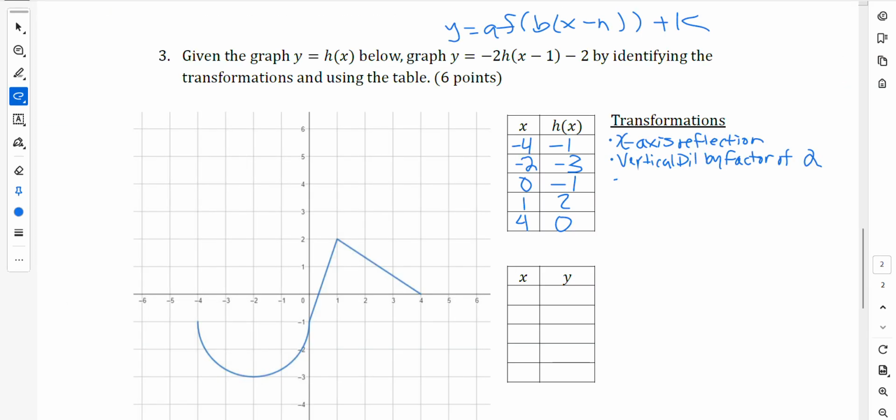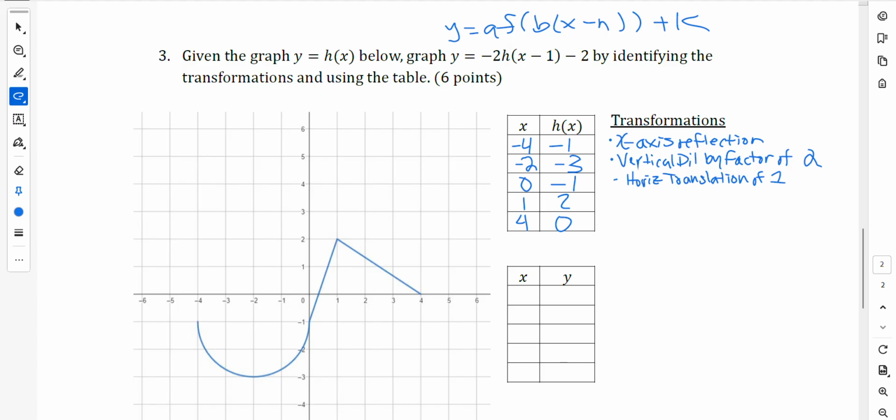What is that x - 1? What does that represent? Is it a horizontal translation of form? Good. Awesome.